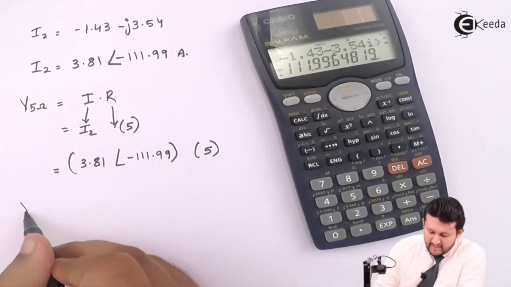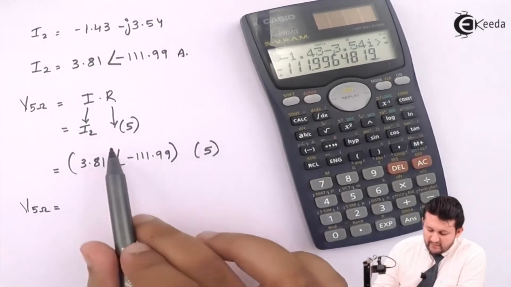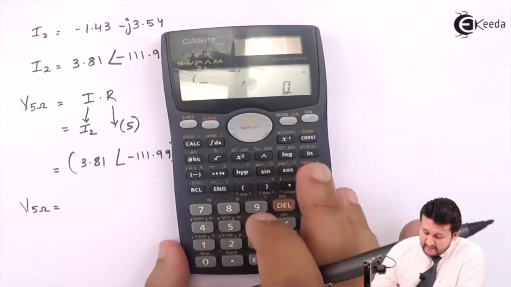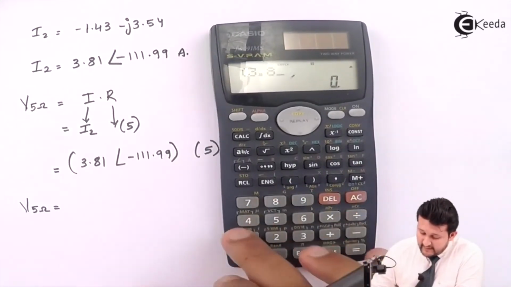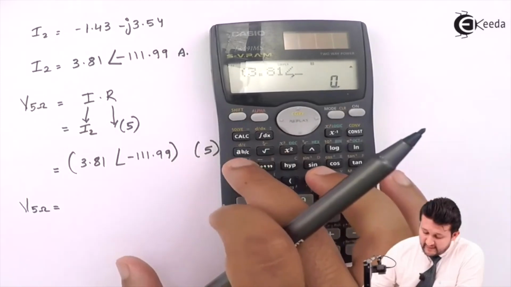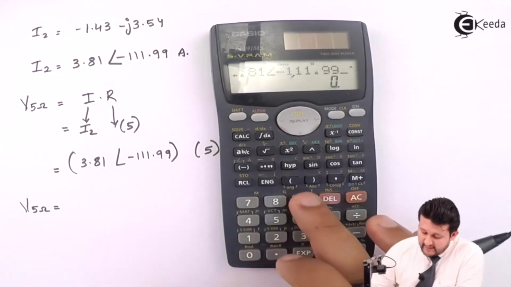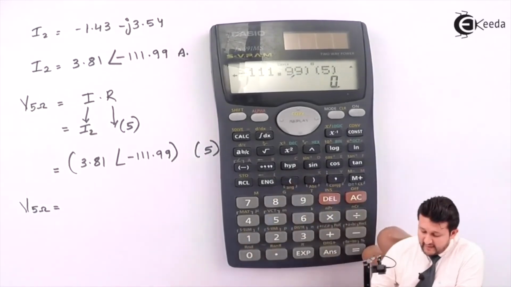So let's do it. The voltage across 5 ohms will be, multiply this polar form into 5. So the value will be bracket 3.81 shift angle minus 111.99 bracket close into open bracket 5 bracket close.